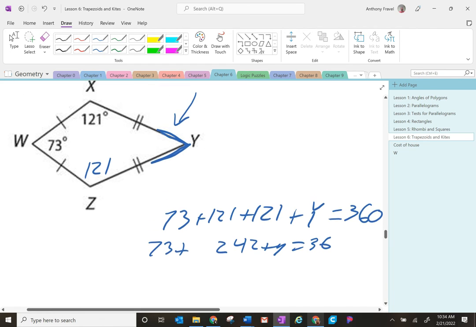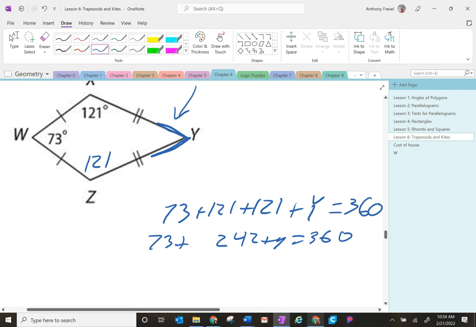360. This is 315 plus y equals 360. Subtract 315 from both sides.